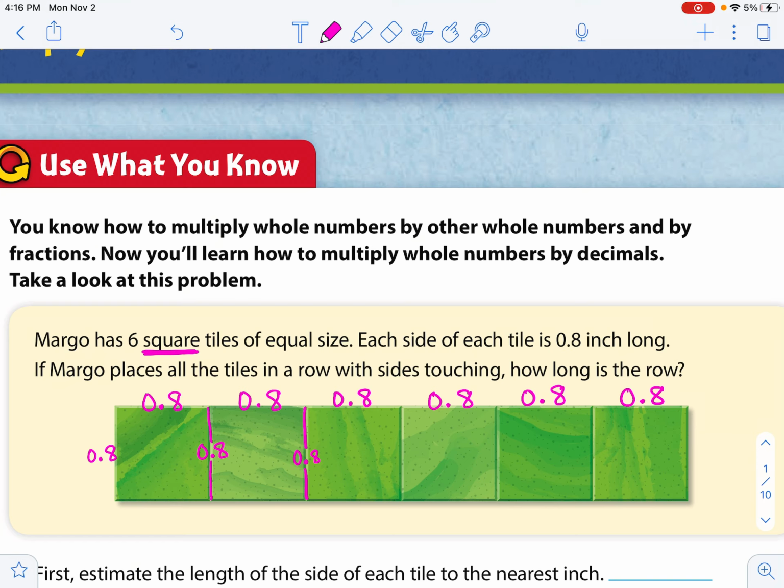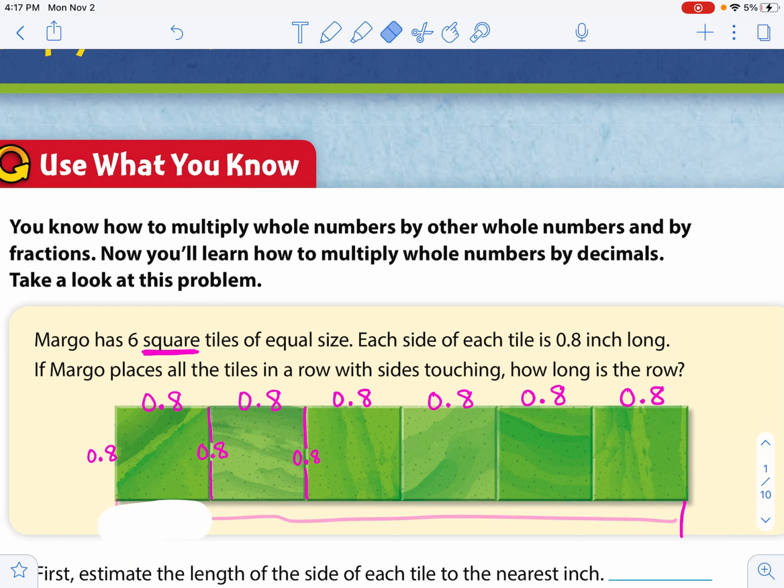Okay? Now, it says if Margot places all the tiles in a row with the sides touching, which it appears she did that here, how long is the row? So in other words, they want to know how long this row of tiles is all the way from one end down to the other.